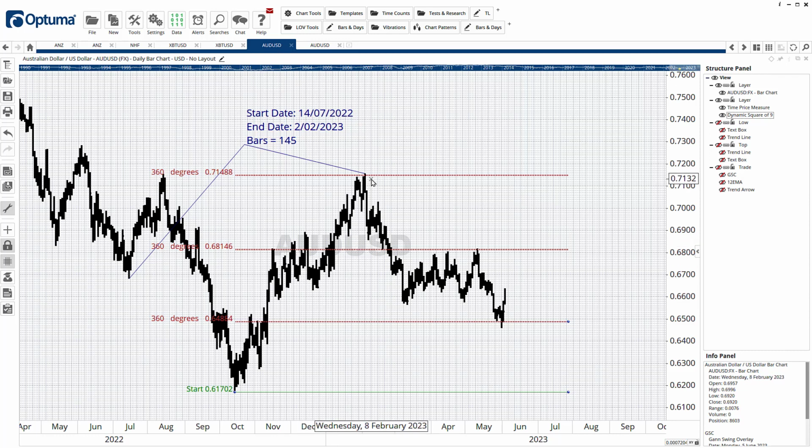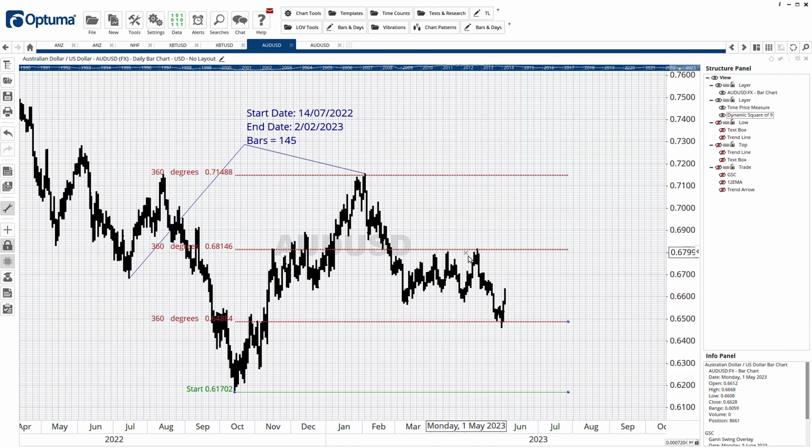But you'll notice here that 3 rotations around the wheel, or 3 times 360 degrees, brings us to a price level at around 71.50. And with the market reacting at 145 trading days from another major low, we know then that that is a significant point, and we just watch the market to see if there's any reversals.